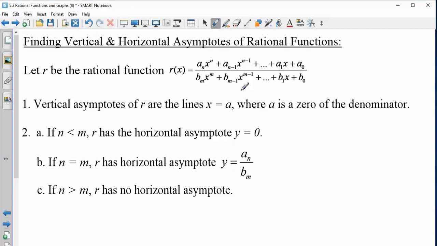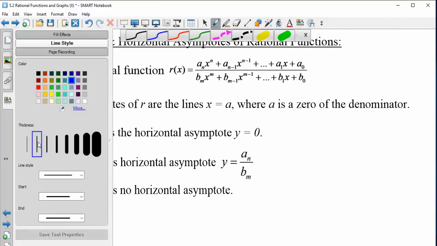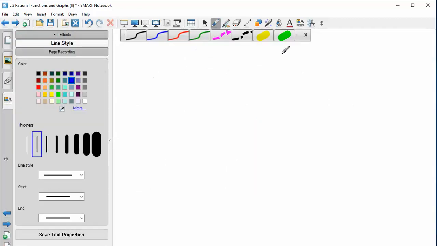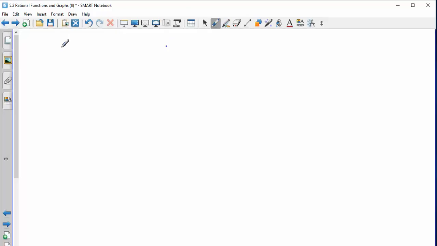If you want just a real brief justification for why, let's say I had x plus 1 over x squared plus 3x plus 2. Would we all agree that the degree of the top polynomial is 1, the degree of the bottom polynomial is 2, so the top has a smaller degree.